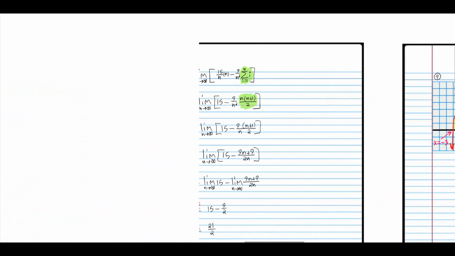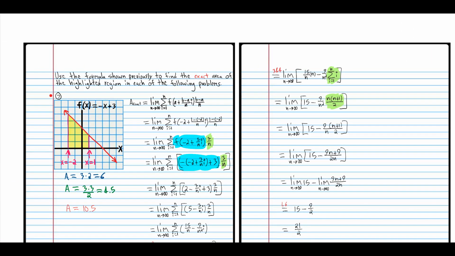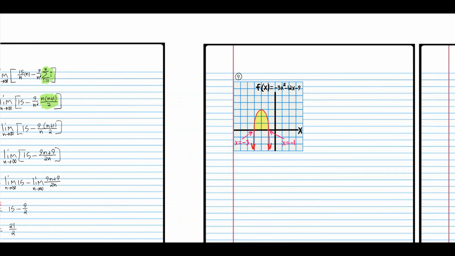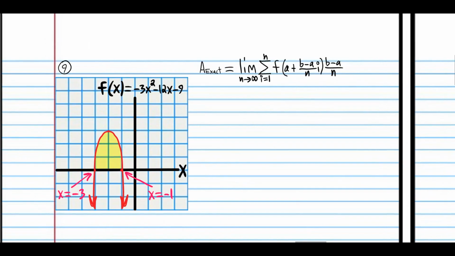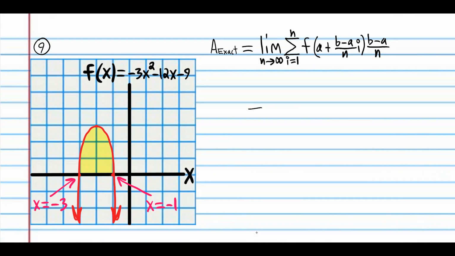Let's use our formula to find the area of this shaded region. So we're going to do one more of these before you try one on your own. Okay, so we're just going to plug in things for the formula. So A is -3, B is -1.